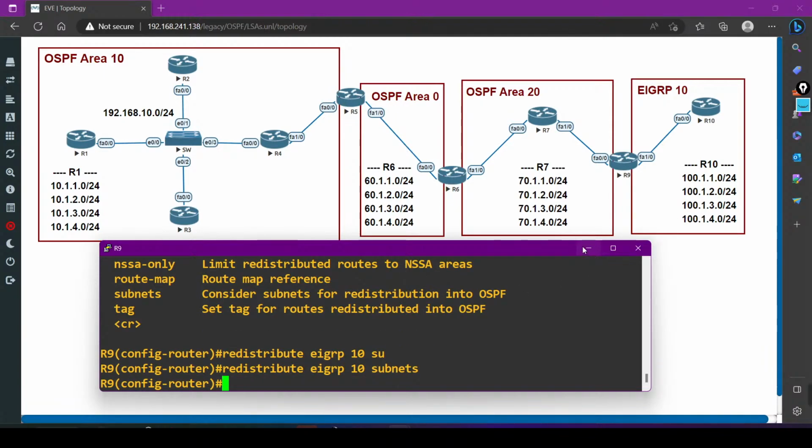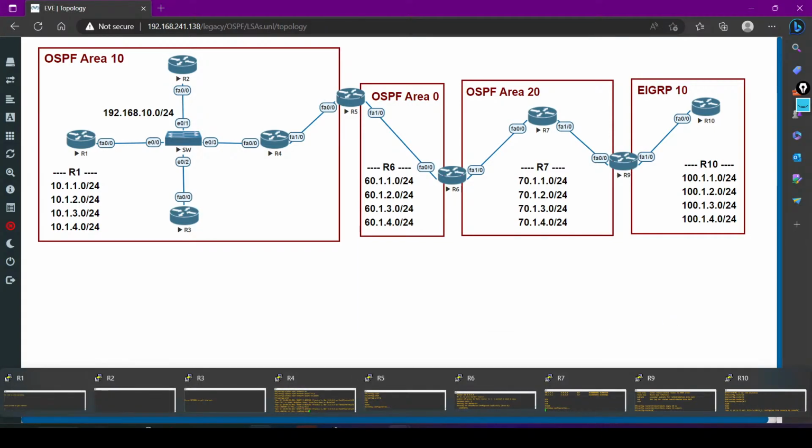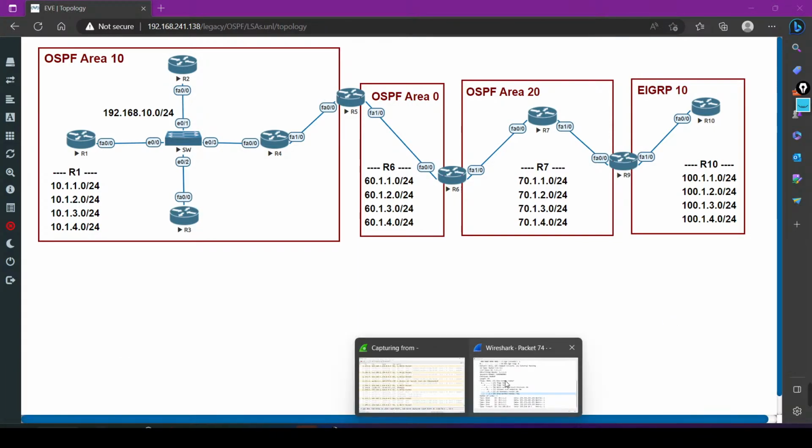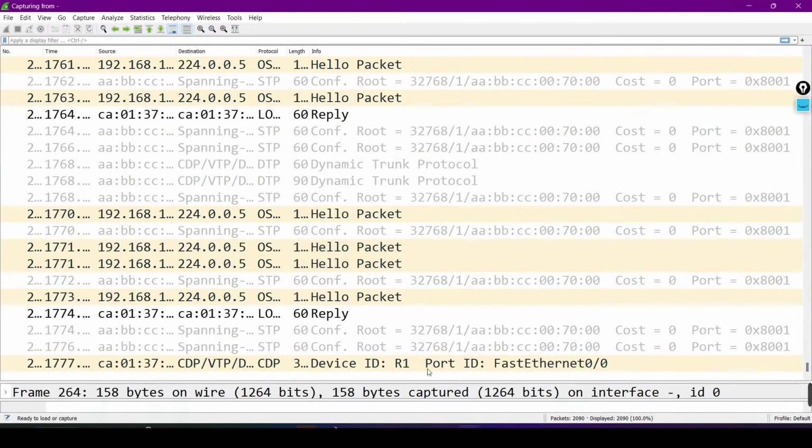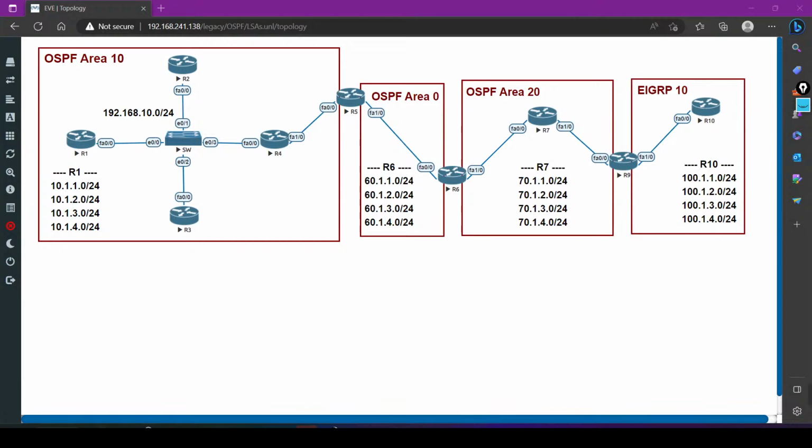Now this router will generate its LSA1, and in its LSA1 which bit will be on? E-bit, yes or no? So let me delete this capture. If you want to verify, tell me, I can capture the link. Otherwise I don't think we need to verify. Definitely there will be the E-bit on in the LSA1 of router number 9.